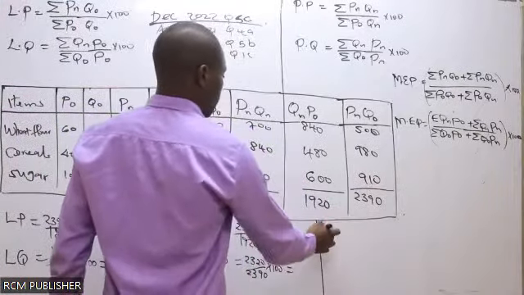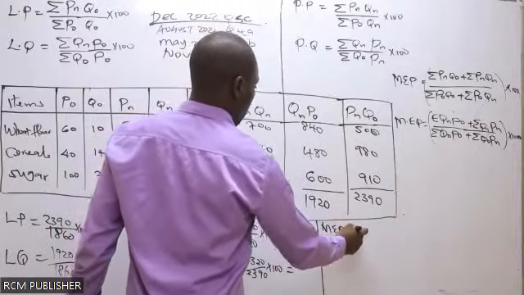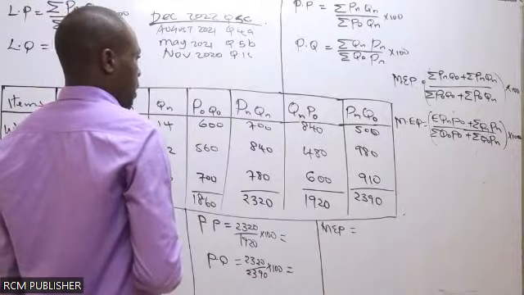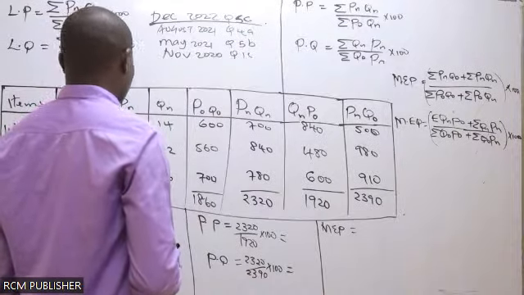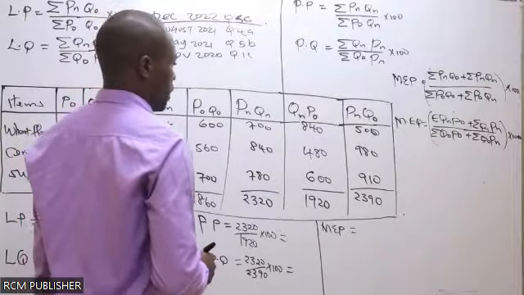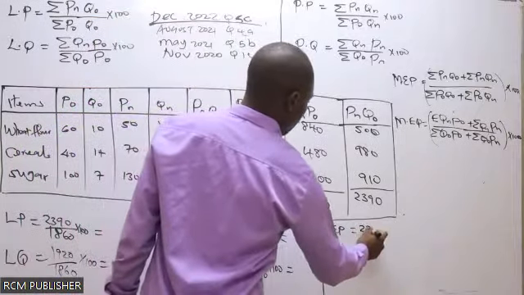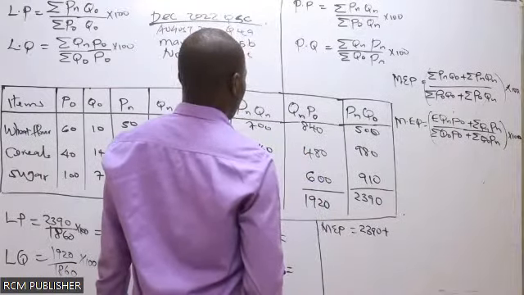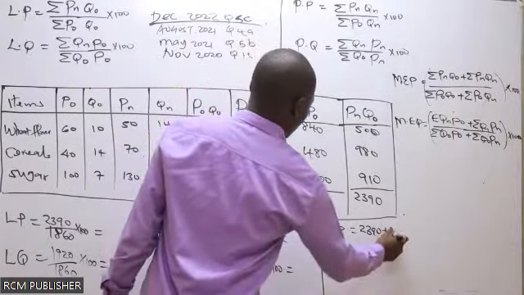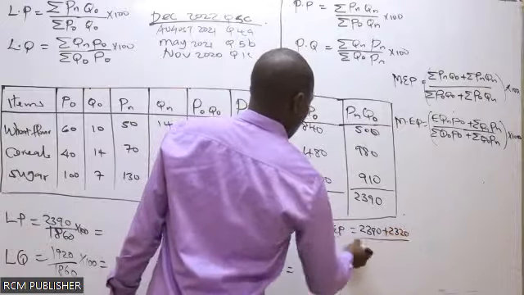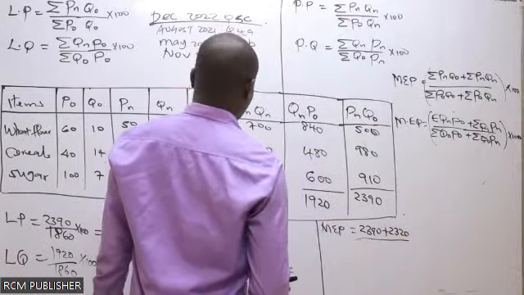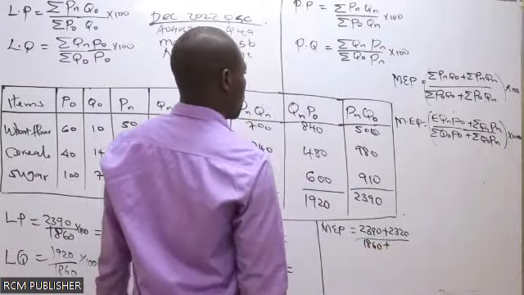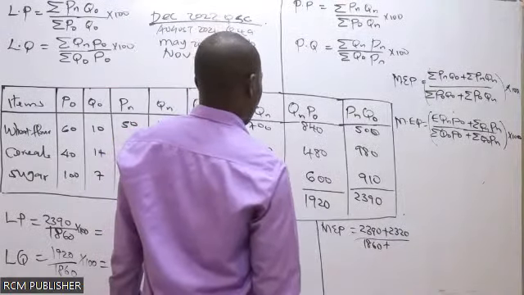Then P is equal to PNQO plus PNQN over POQO, add to POQN.